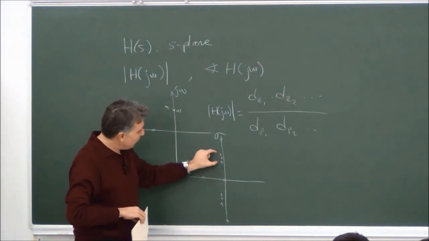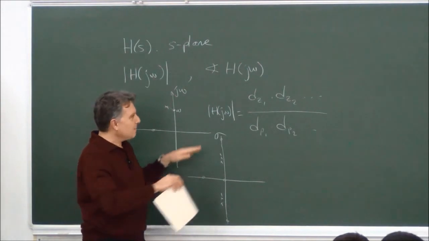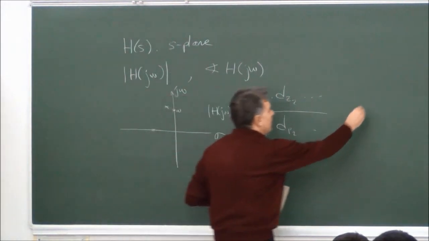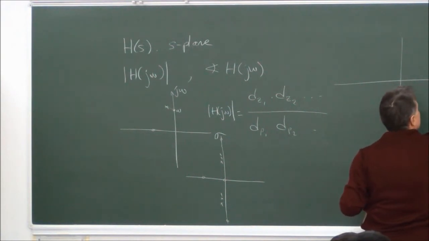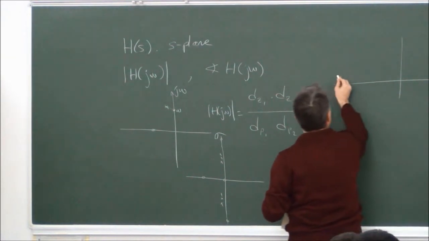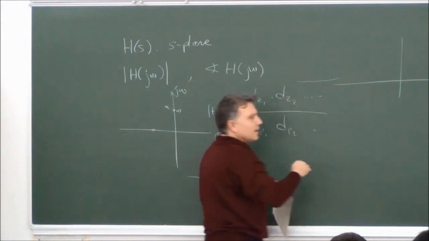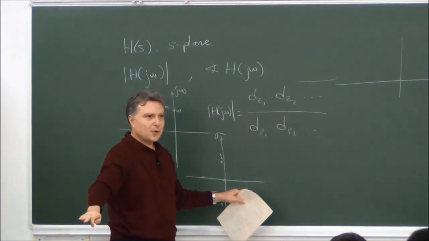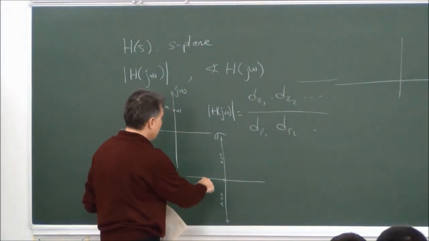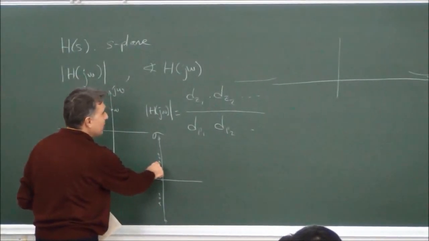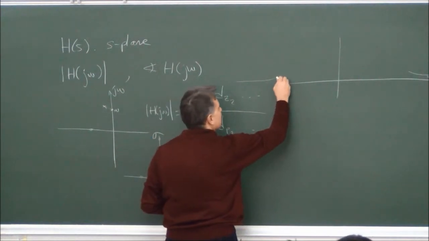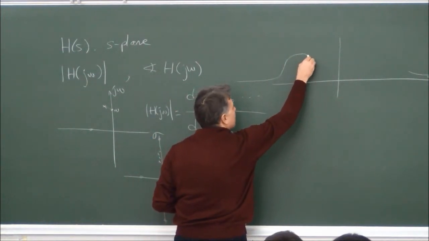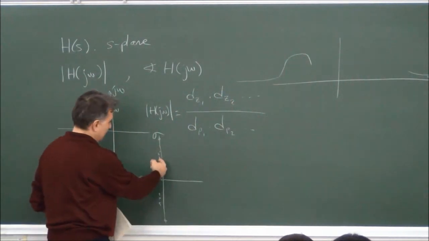So if the number of poles is more, then along the frequency axis, as omega goes to infinity, the filter response will go down to 0 asymptotically. And when you come close to these frequencies along this range, which is let's say somewhere here, it will be a large value.